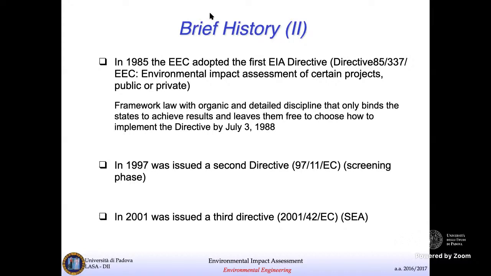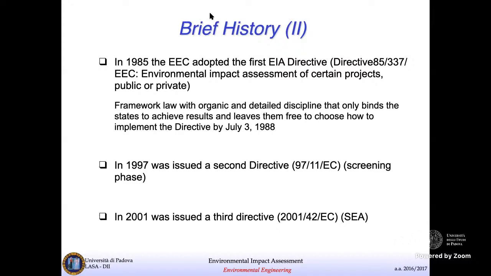But it is also important to refer to Directive 11 of 1997, the second key directive on environmental impact assessment, in which the screening phase was introduced. It formalized a way of evaluating which projects listed in the annexes to the Directive of 85 may not undergo an environmental impact assessment procedure.